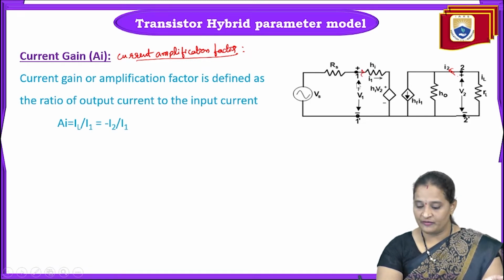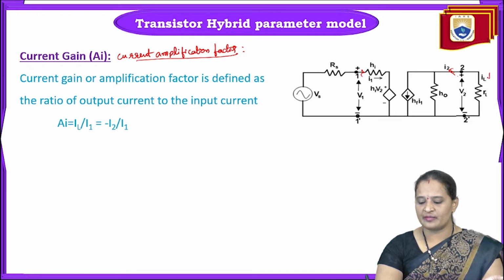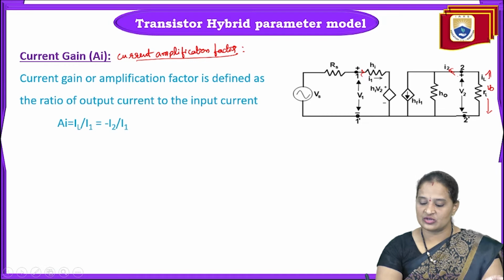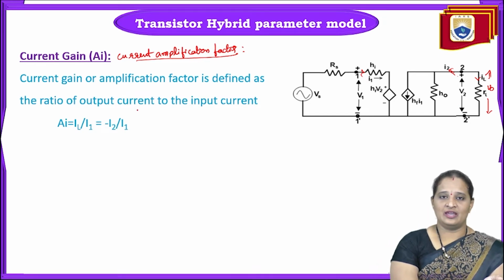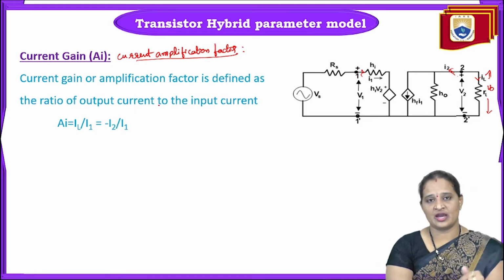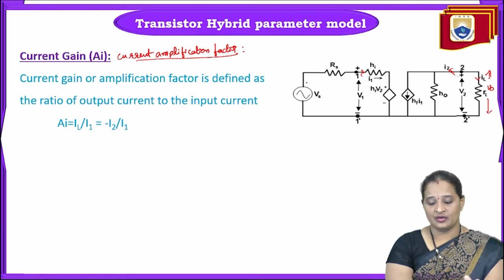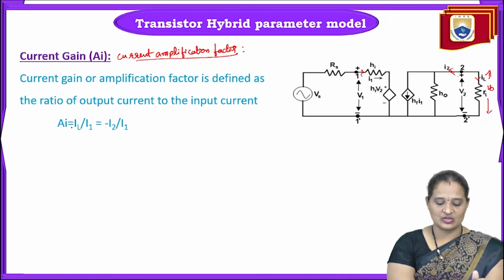Always remember the output voltage is measured across the load resistor. So the current flowing through the load resistor is always considered the output current, and hence the current gain is defined as the ratio of output current IL to the input current I1, so IL by I1.